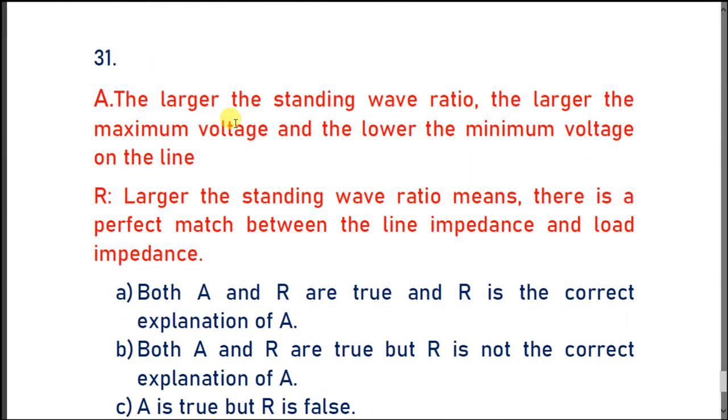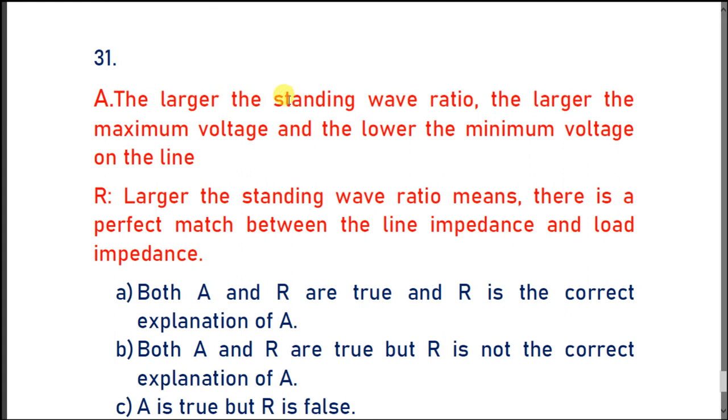Next, the first statement: larger the standing wave ratio, larger the maximum voltage and lower the minimum voltage. And another statement: larger the VSWR, but there is a perfect match between the line impedance and load impedance. The standing wave ratio has nothing to do with the maximum and minimum voltage. This minimum voltage and maximum voltage arise in the case of the reflection coefficient.